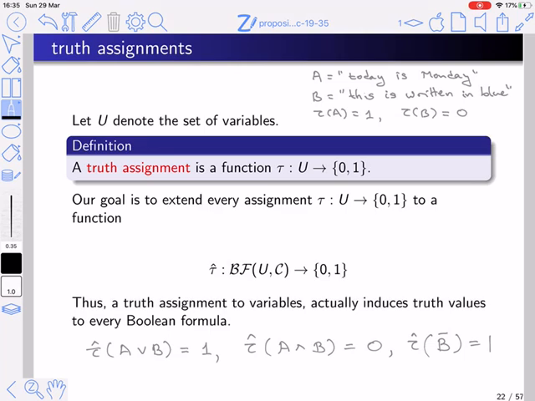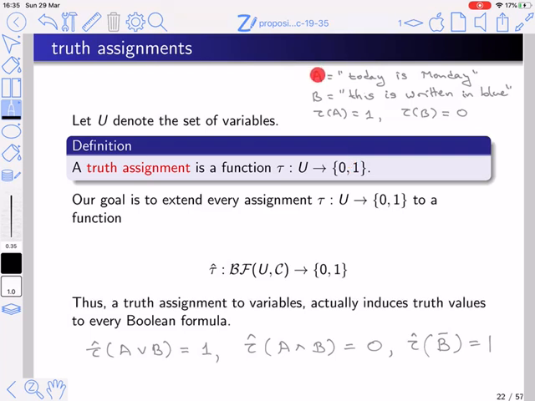Now we want to define what truth assignments are. So suppose I have a set of variables U. A truth assignment is simply a function tau defined over U, and it assigns to every variable in U a truth value, namely a bit, 0 or 1. Consider the following example.